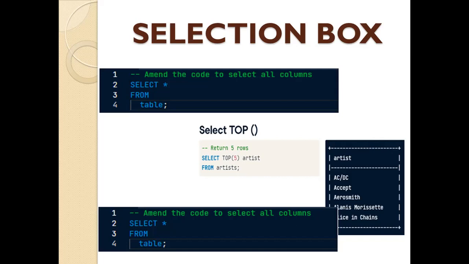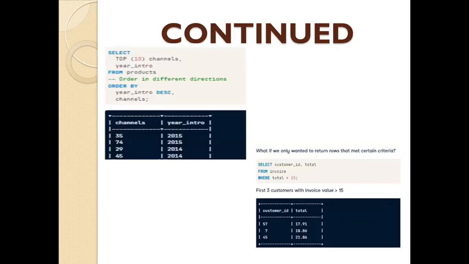And if you want only the top 5 rows, then we will write top bracket 5 column name from artist. If we want to return rows that meet certain criteria, for example, we want the customer ID and the total column from the invoice table where the total is greater than 15, then we will write this syntax.